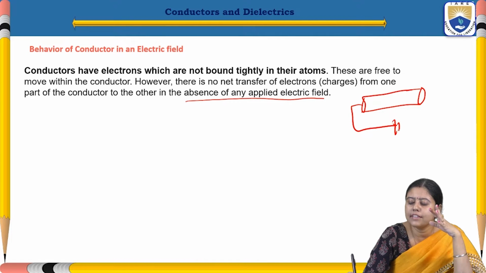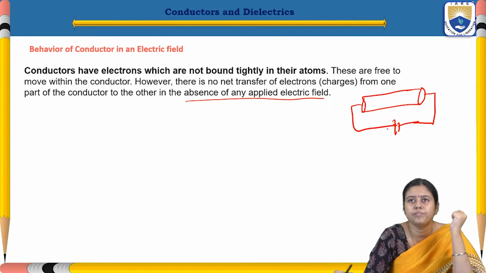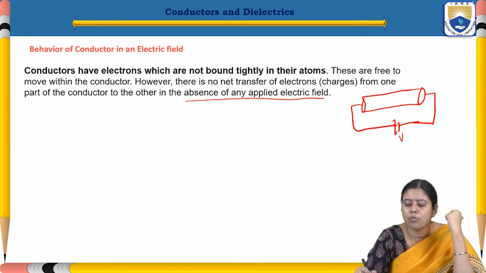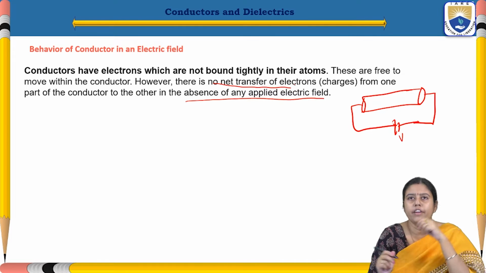But if we connect the conductor with an external field, that is, a voltage, what will happen? The electrons start to move to nullify the effect of the electric field, and the current will flow. If no voltage is applied, there is no net transfer of electrons.